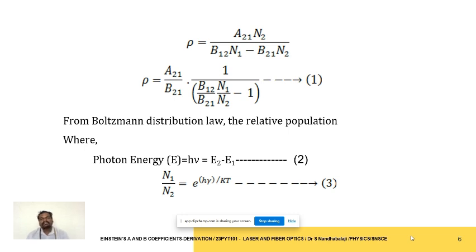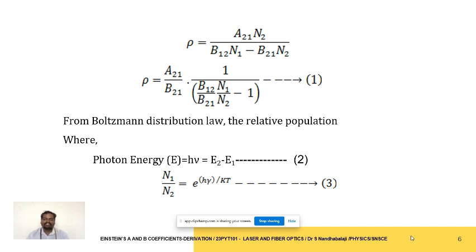From the Boltzmann distribution law, for the relative populations, the photon energy is h nu equal to E2 minus E1, and N1 divided by N2 is equal to e power h nu divided by kT.